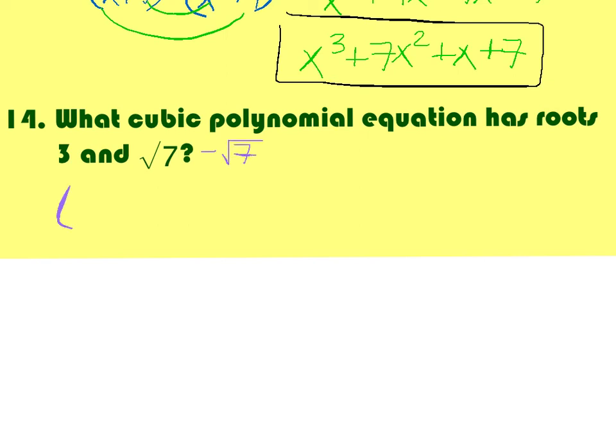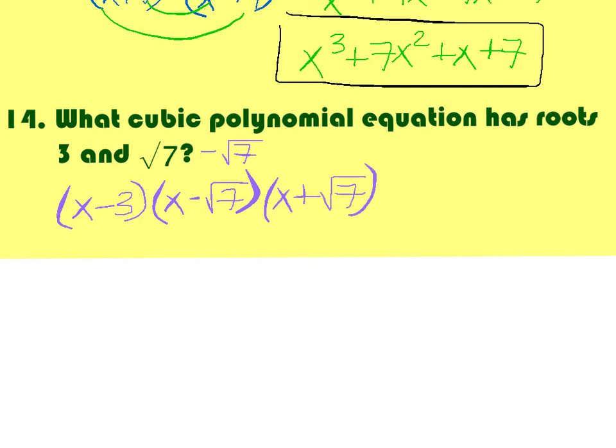So my factors are going to be x minus 3, the opposite, x minus the square root of 7, the opposite, and x plus the square root of 7. First I'm going to do Florida with my conjugates. First times first, x squared, and last times last, minus 7. And I'm going to bring down the x minus 3.